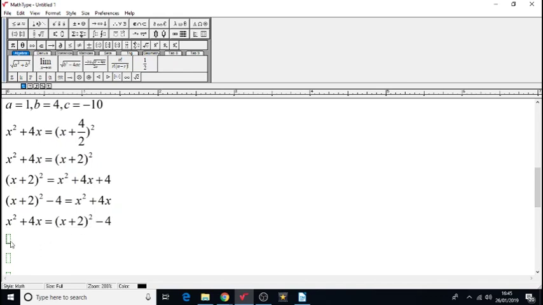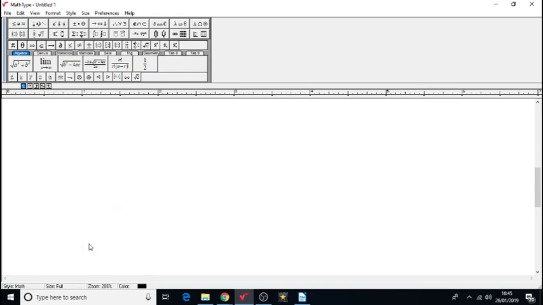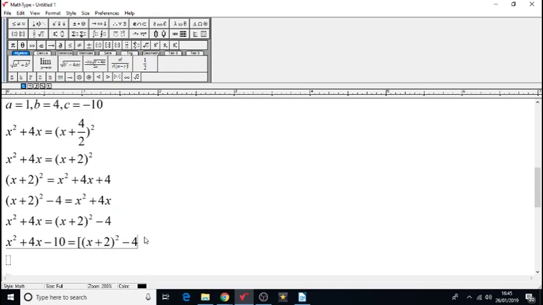So x squared plus 4x minus 10 is equal to, we're going to do big brackets, x plus 2 squared minus 4, close big brackets, minus 10.